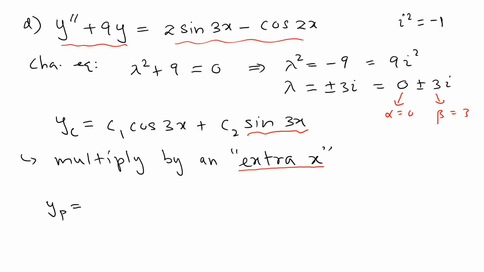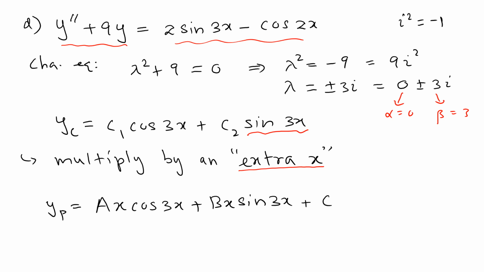From the first term, the 2 sine 3x term, you multiply by an extra x in front. So a x cosine 3x, and then b x sine 3x. So that is the first term because of the repetition. And the second term has no problem, so it's just going to be the normal one.